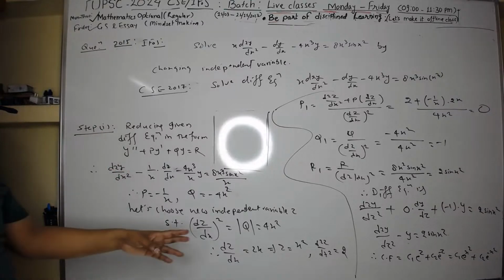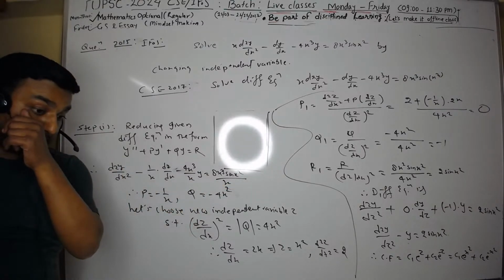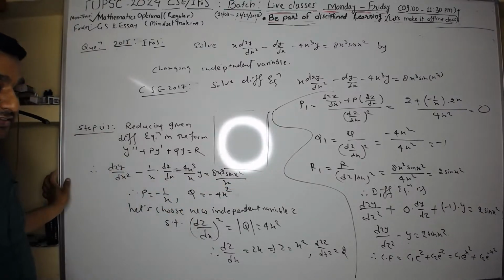Please note down properly and do let me know what is pi of sin x square.